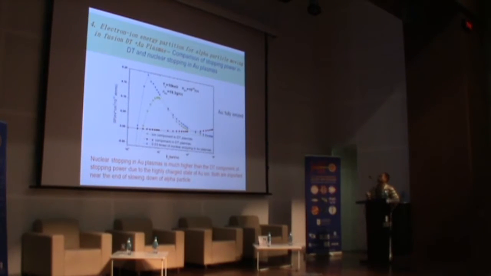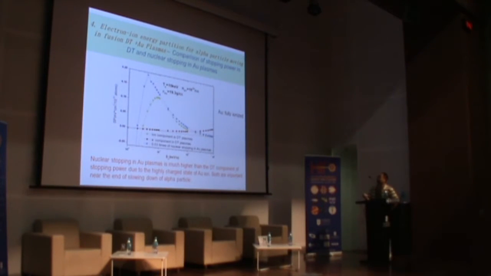And now let's turn to the final result of energy partition in the mixed plasmas. This figure gives a comparison of stopping power in DT plasmas, and the blue line, the red line, and the black line is the result for nuclear stopping in Gild plasmas at these conditions.